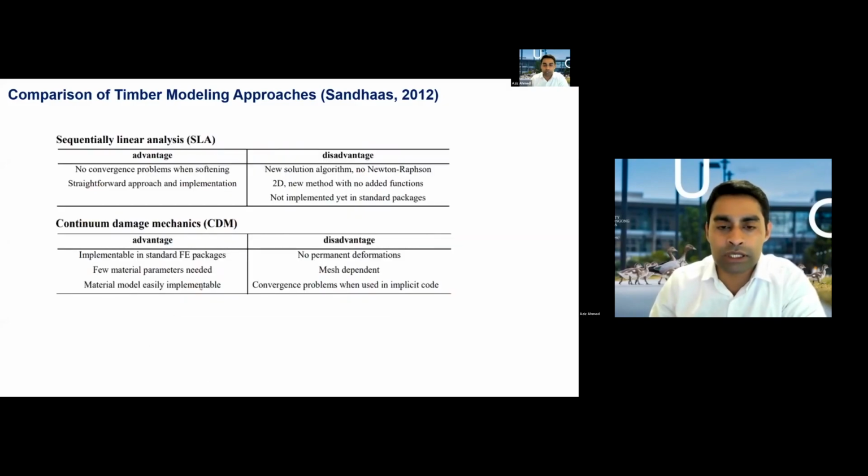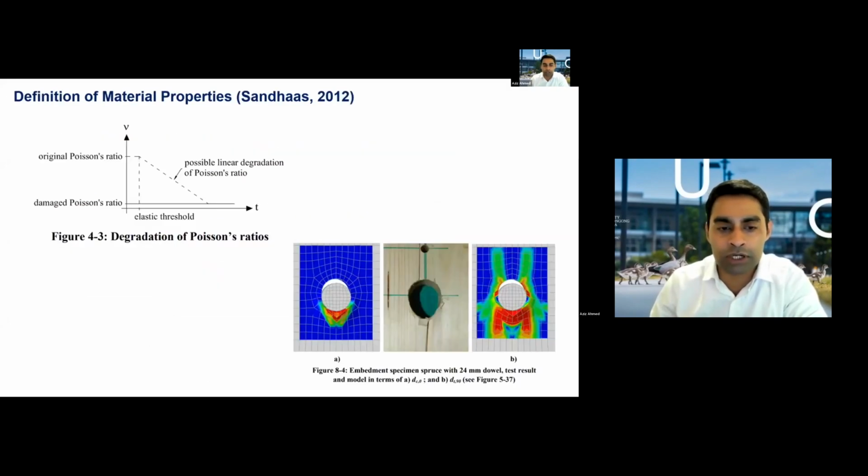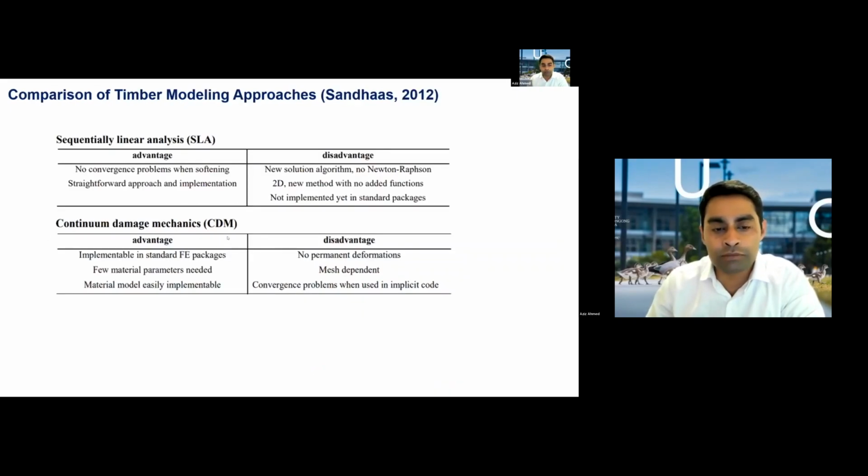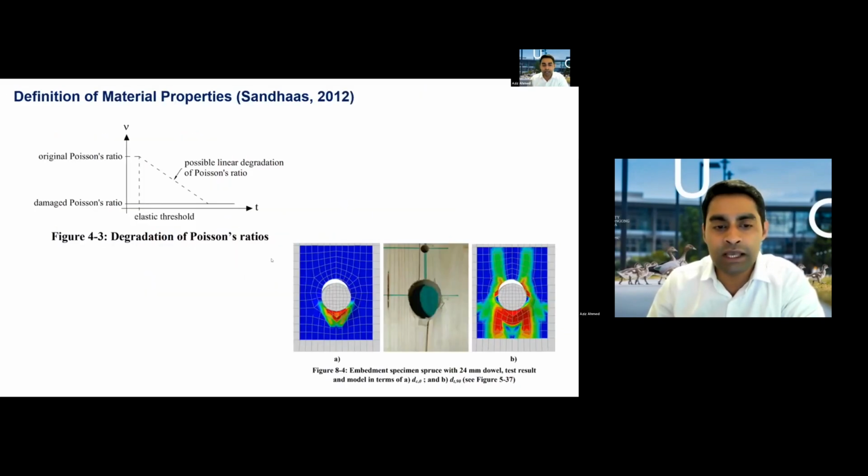Otherwise, timber is a very complex material, and to model it using standard fracture mechanics would be little short of a nightmare. So we will be using a continuum damage mechanics model for simulating this. And just to show how complex it is, take the Poisson ratio, which is standard.